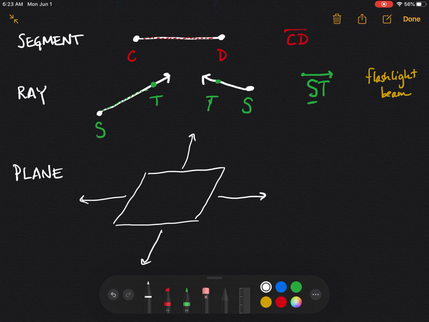Okay, it's any flat surface, the top of your book, the top of your desk, and invisible planes that we cannot even see. Okay, but we always name them with 3 letters. You have to have 3 letters to name a plane. And so if this were like X, Y, Z, right, we would call this plane XYZ.